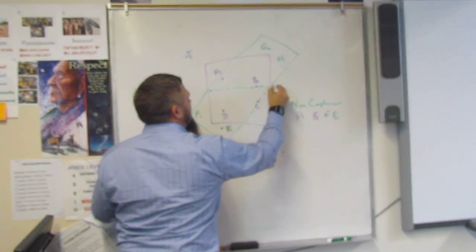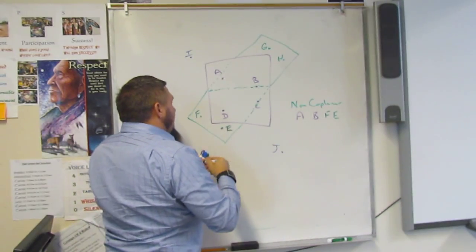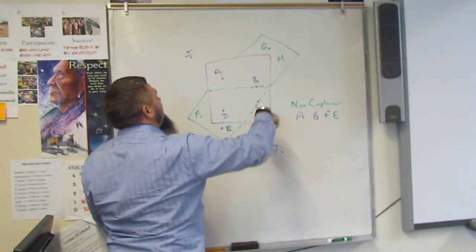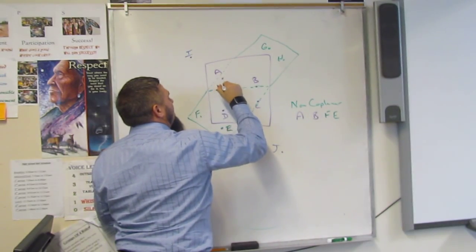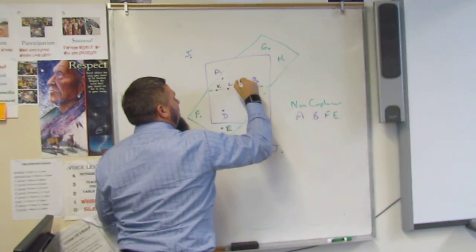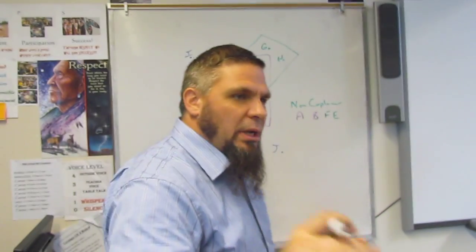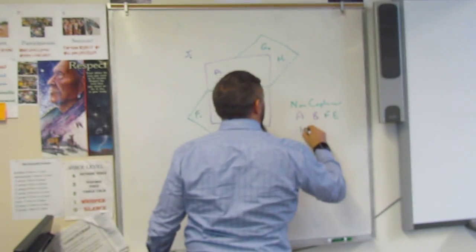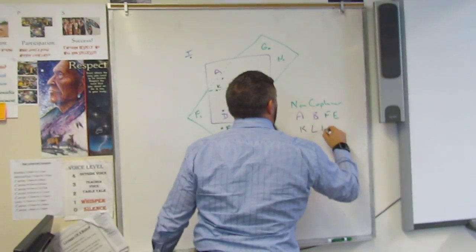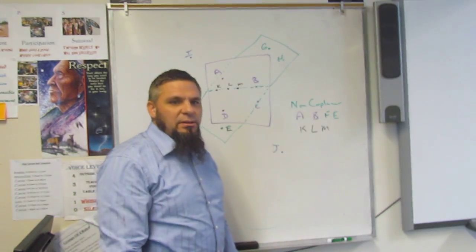meaning where the 2 planes meet, there's a line. And on that line, there's going to be H, I, J, K, L, and M. There's going to be points on that line, right? Now I could take K, L, and M, and they're on both of these planes, right?